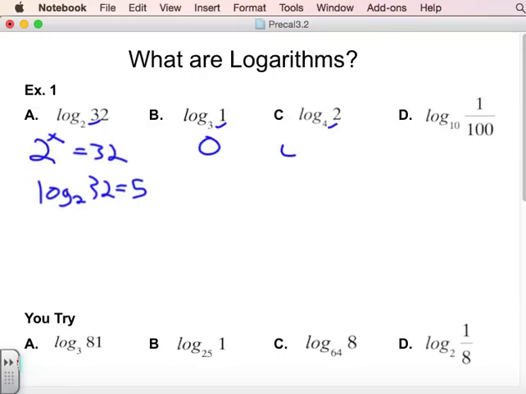So what would I raise 4 to give me 2? Well, we know that the square root of 4 is 2, right? And hopefully you learned this in Algebra 2. If you didn't, then you need to know this, that when you raise something to a half, that's the same thing as taking a square root. All right, the number in the denominator, you treat it like your root.